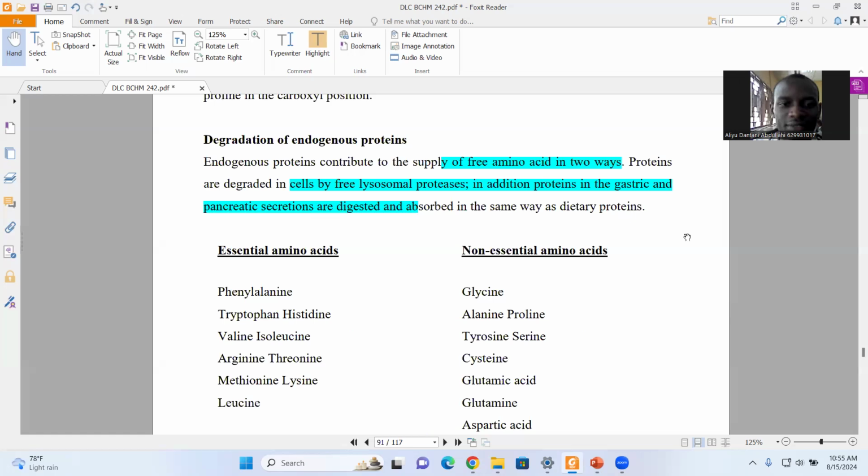Proteins are degraded in the cells by the lysosomal proteases. The lysosome is like the sink where things get degraded and prepared for excretion from the cell. Okay, so there are a lot of proteases or hydrolytic enzymes in the lysosome that take care of this, and it also works for proteins that are to be removed from the cell.